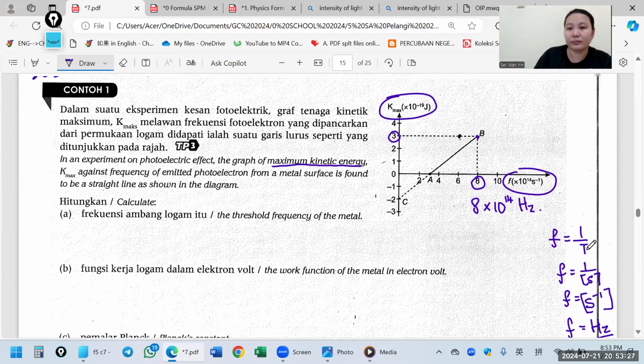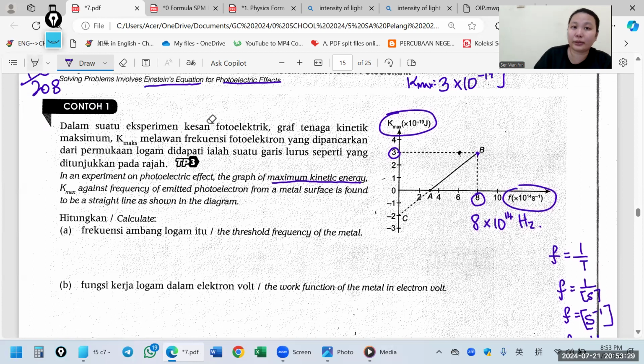Be careful: when we read the graph, we need to read this. Not only 3, but 3 times 10 to the power of negative 19. Not only 8, but 8 times 10 to the power of 14, right?